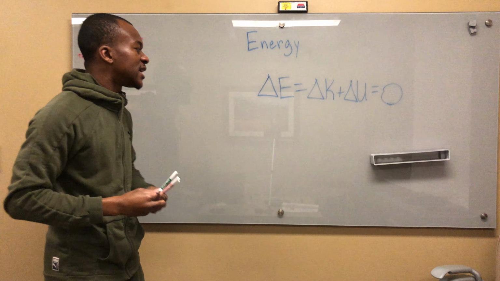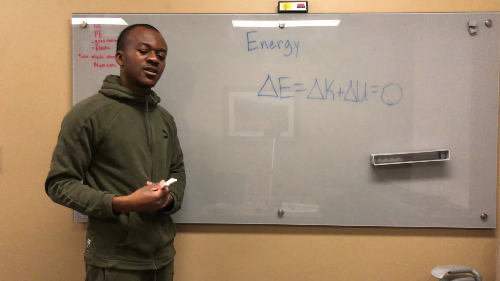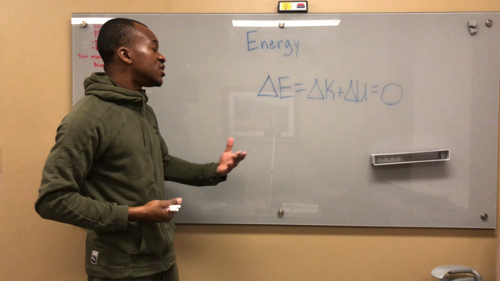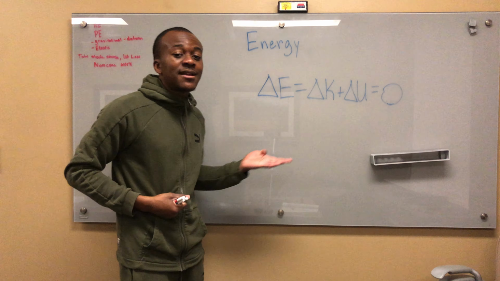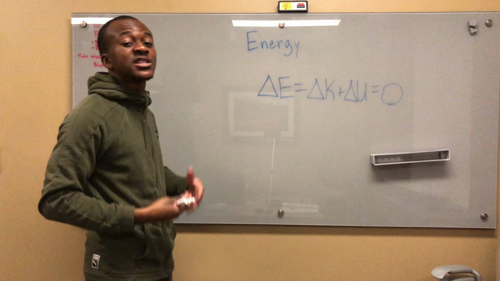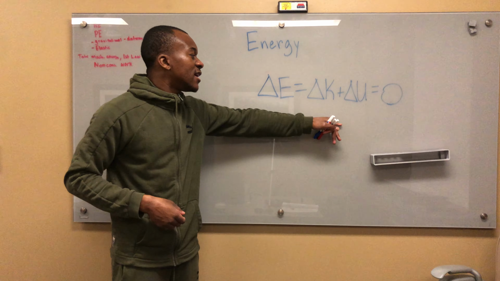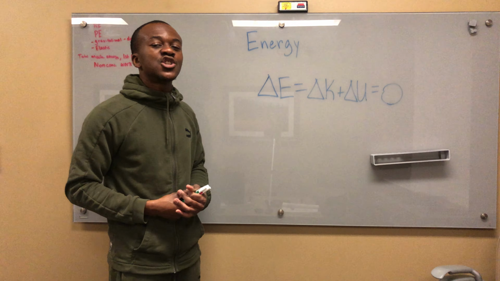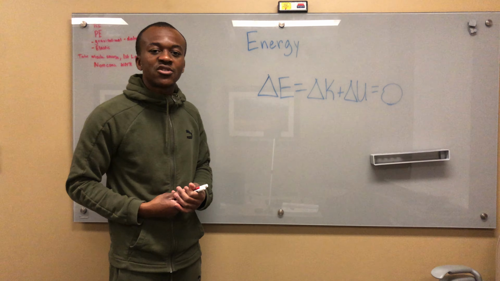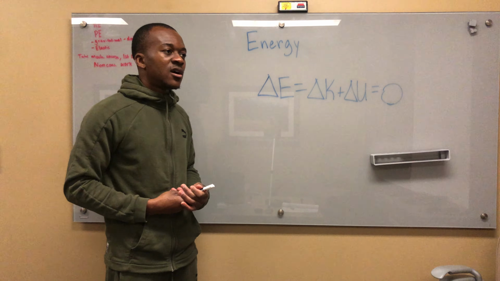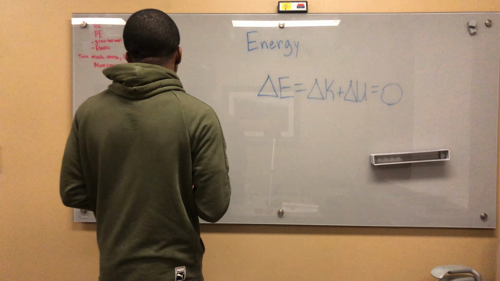So that's sort of your first law. This is just saying that mechanical energy is conserved, right? And this is what we have in situations where things are perfect. There's no loss of energy in any type of way. So that change in total energy is going to be zero.